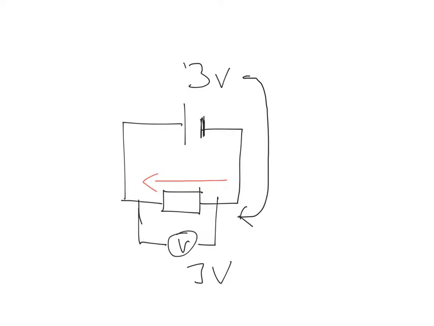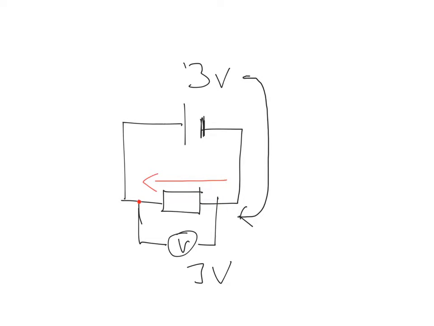And so what we're seeing about this 3 volts that we're reading out here is that initially we had 3 volts of energy per charge carrying it. As it comes down and round here, it passes through that point right there, and the voltmeter recognizes that each coulomb has 3 volts. As it passes through, it expends all of that energy until it has 0 energy at this point right here per coulomb.